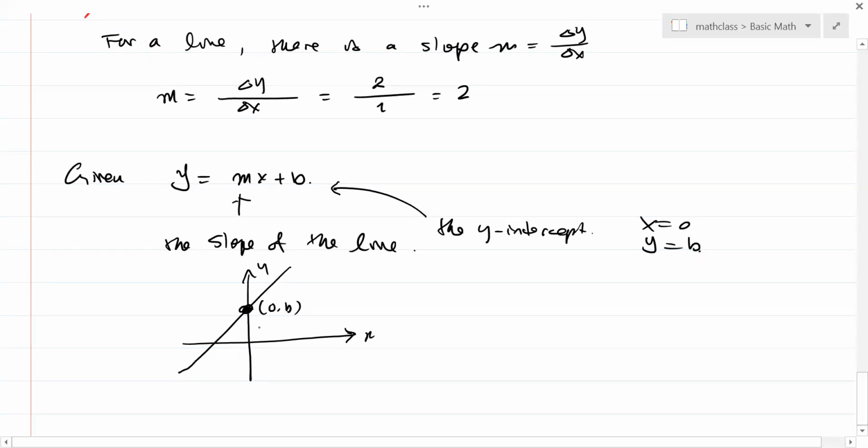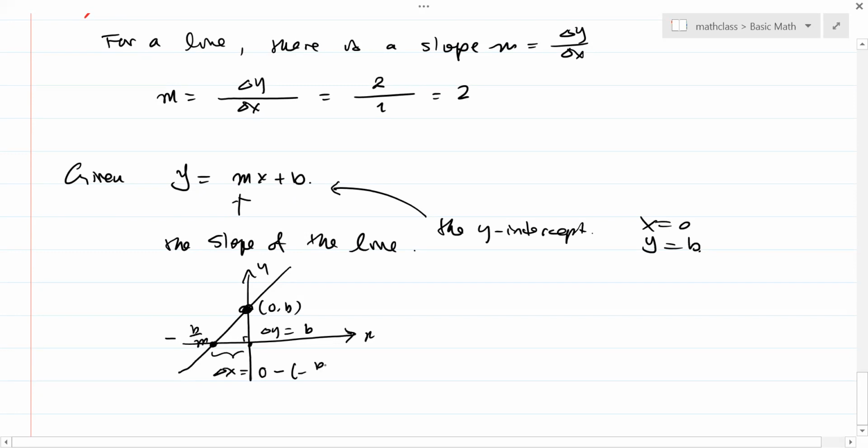Now, why is the slope m? If we look at this triangle, let's take a special example. When x equals 0, y equals b. So delta y is going to be b. What is delta x? Delta x is going to be 0 minus the x-coordinate of the other point, which is -b over m.